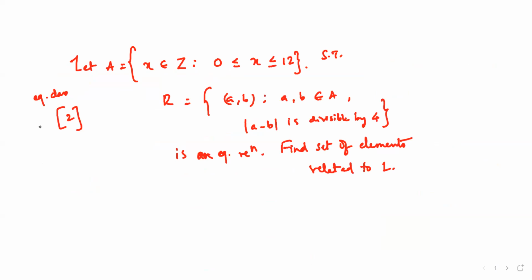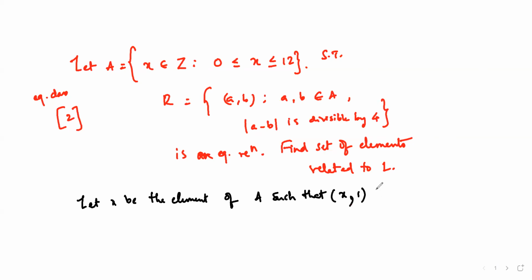Now what I do is, let x be the element of A such that (x, 1) belongs to R. That means modulus of x minus 1 will be a multiple of 4. Correct, sir?